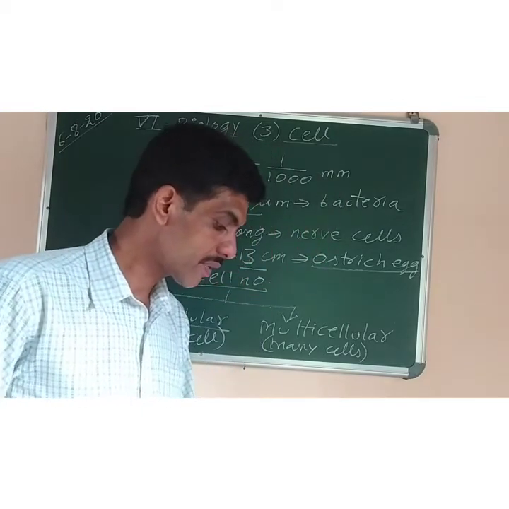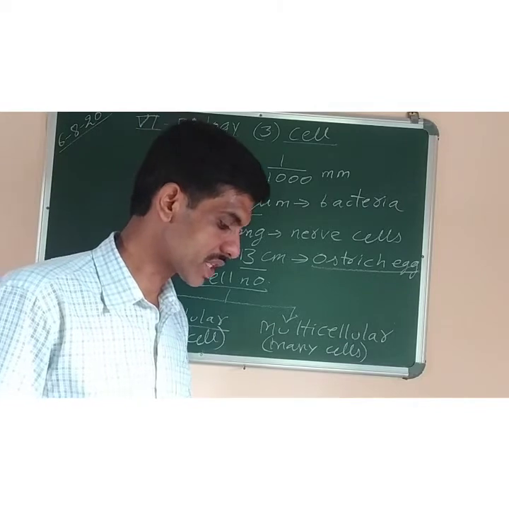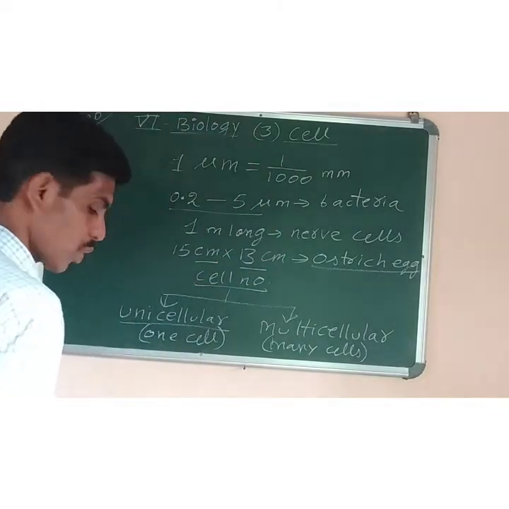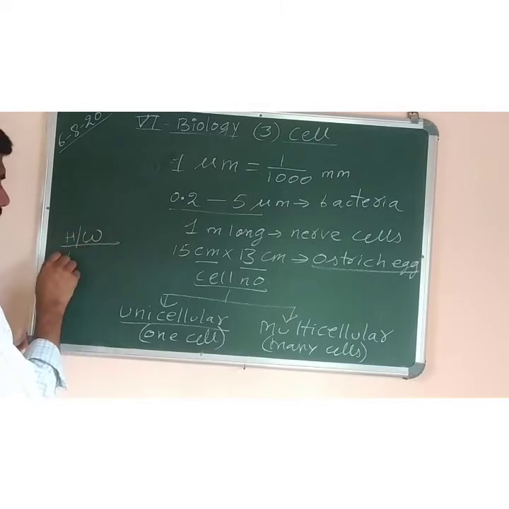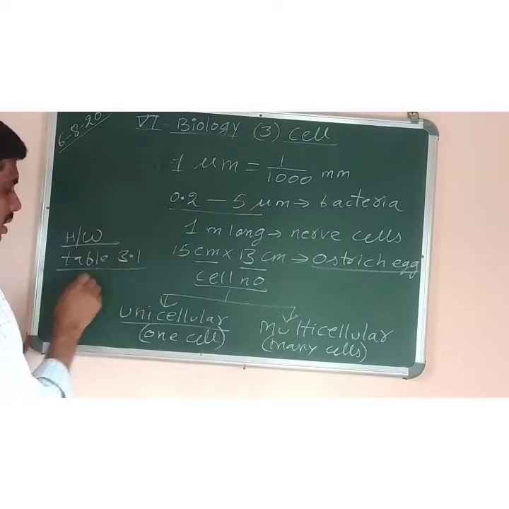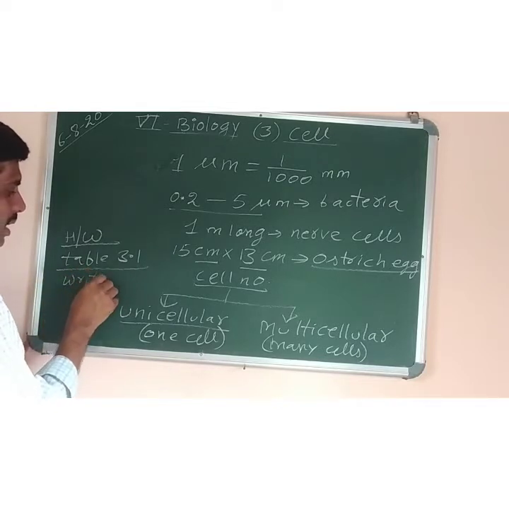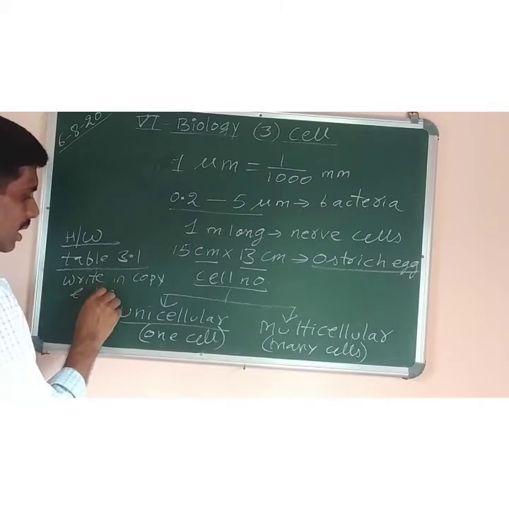So you can learn the differences between unicellular and multicellular organisms, which is given in your book in table 3.1. So your homework will be to write table 3.1. Write in copy and learn.